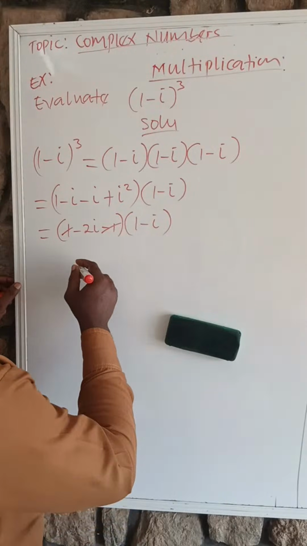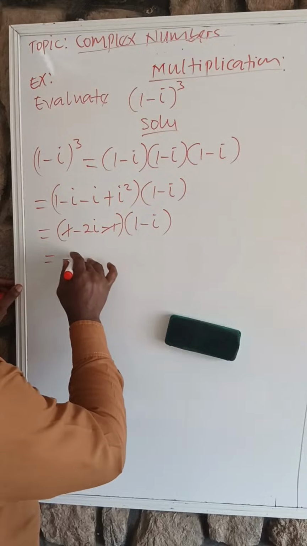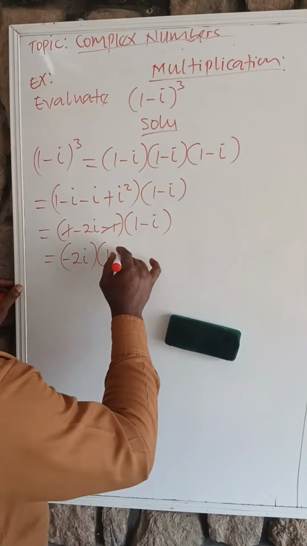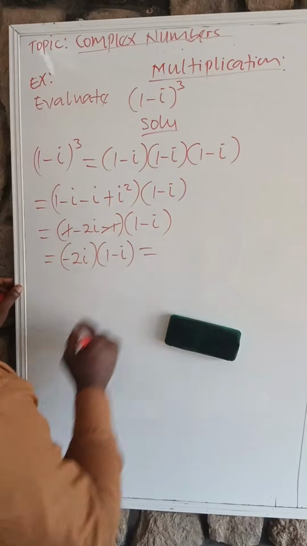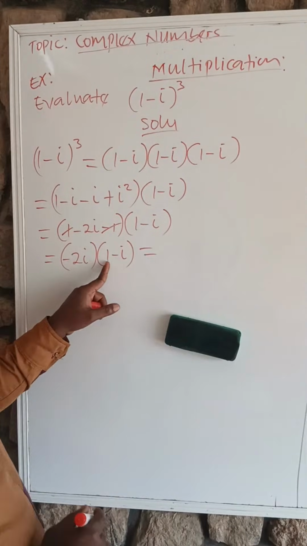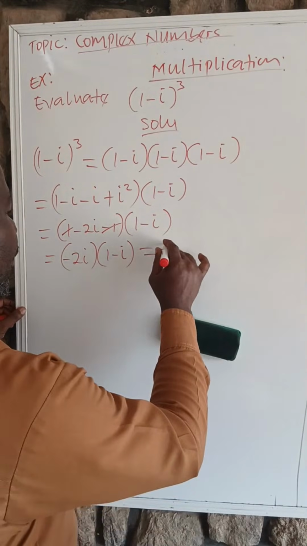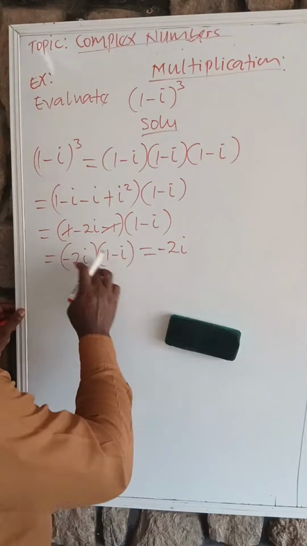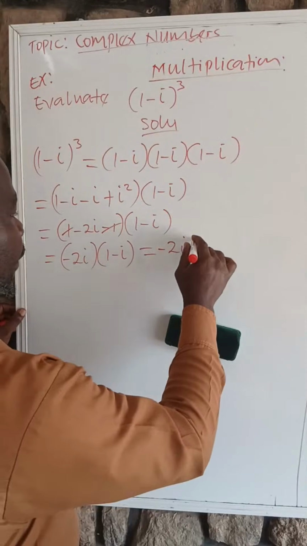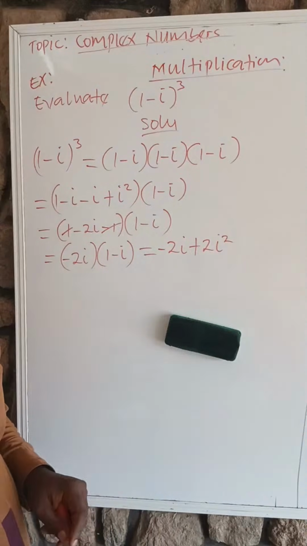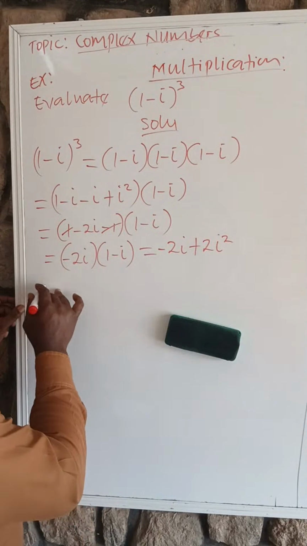So this equals minus 2i times (1 minus i), which is minus 2i times 1, giving minus 2i. Then minus 2i times minus i gives plus 2i squared. True or false? It's true, right?